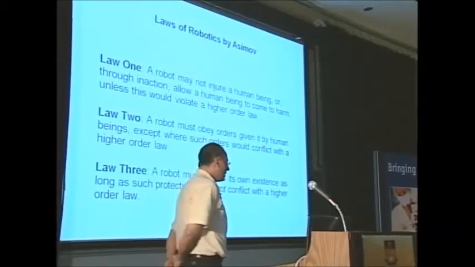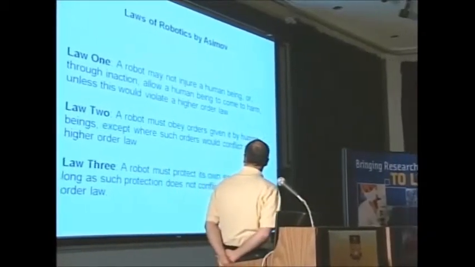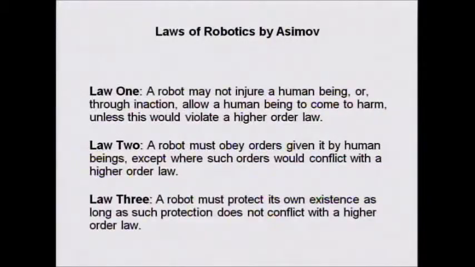Laws of robotics. Asimov in his book came up with three laws which he felt were necessary in order to have robots work in harmony with people. Have you seen the movie I, Robot? Will Smith played in it. Those laws are actually taken from Asimov's book. Each law supersedes the other one.